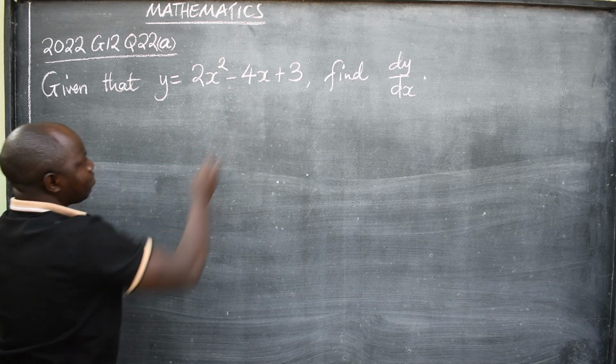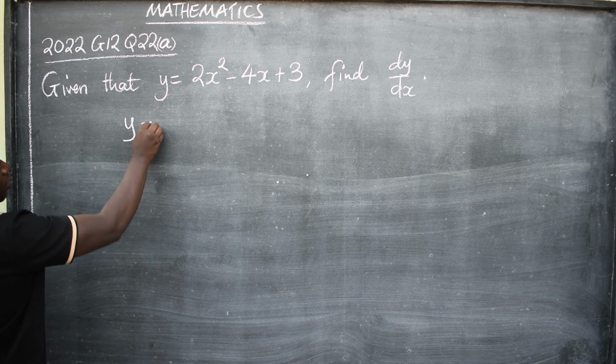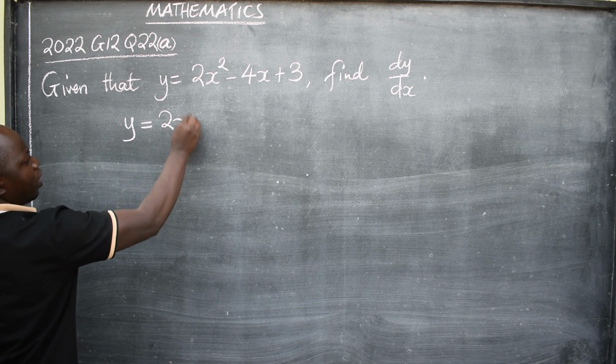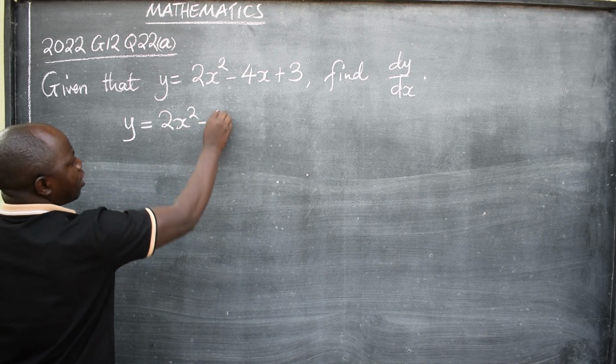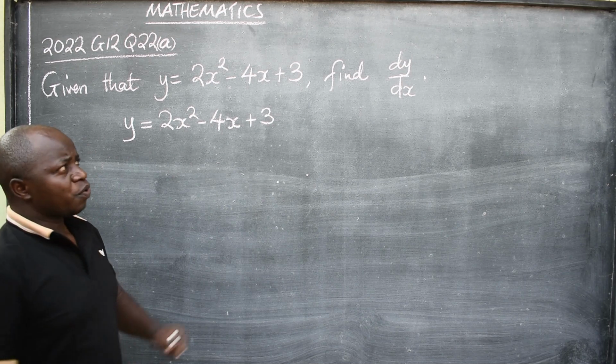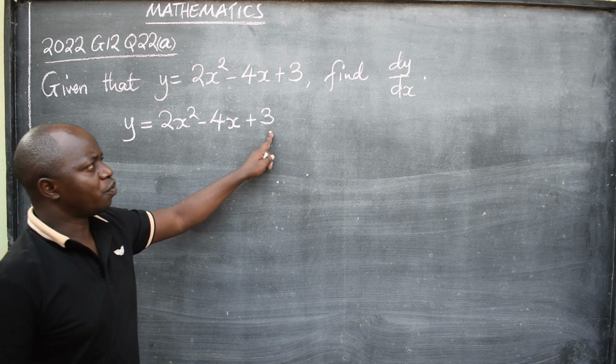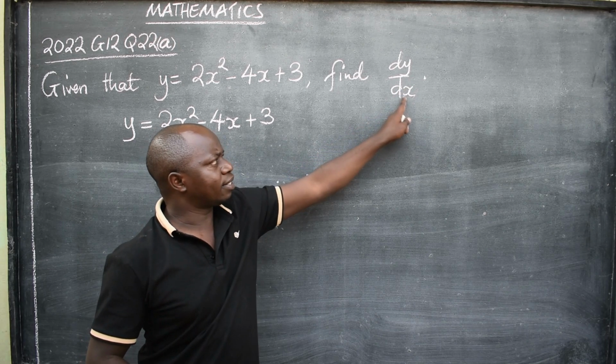We have been given a polynomial here: y is equal to 2x squared minus 4x plus 3. We want to differentiate this polynomial with respect to x.